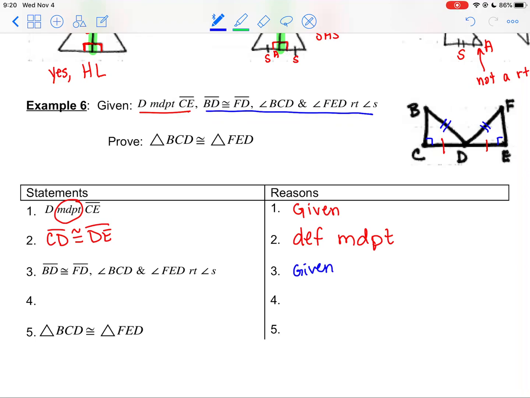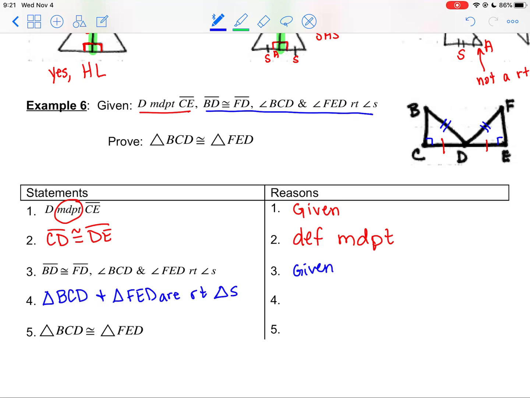So now if I know that there is a right angle in each of the triangles, the next thing I can say is that those two triangles that are formed with those right angles in them, so triangle BCD this time, and triangle FED, are right triangles.